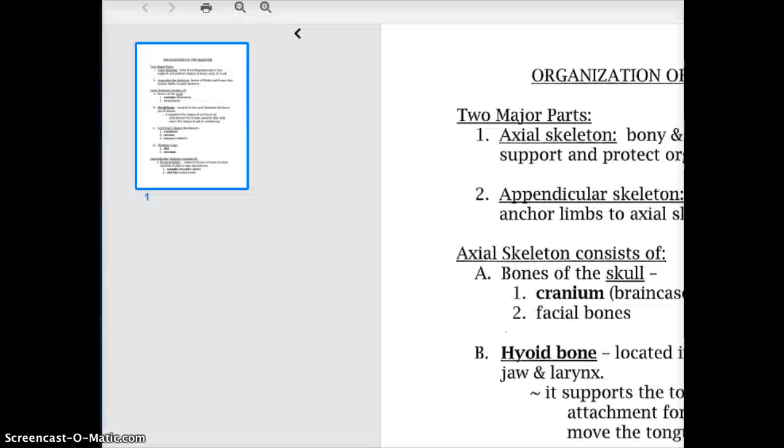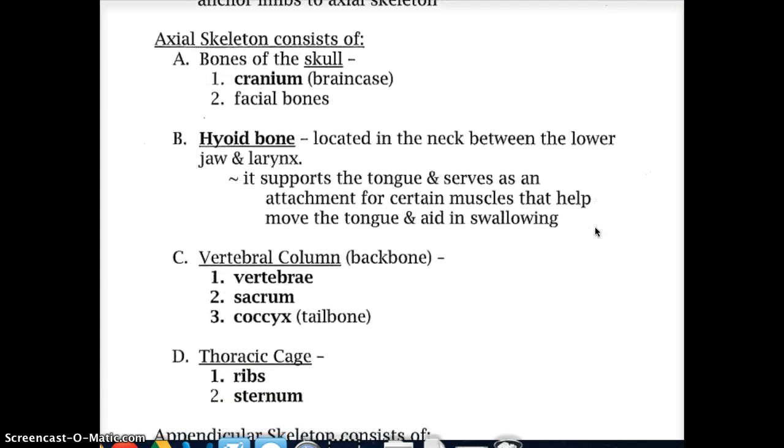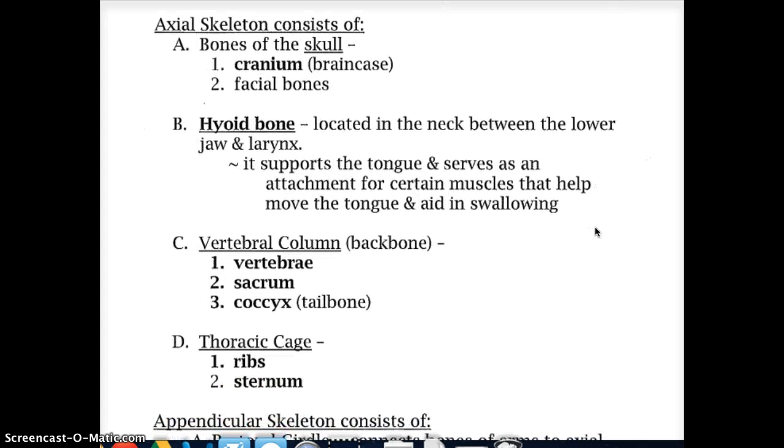All right, back. Sorry for this little switch. All right, so let's look at the axial skeleton. The axial skeleton consists of your cranium and facial bones, which would be your skull, and also a little known bone called the hyoid bone. This is the bone that supports your tongue and serves as an attachment for muscles that help move your tongue and also aid in swallowing.